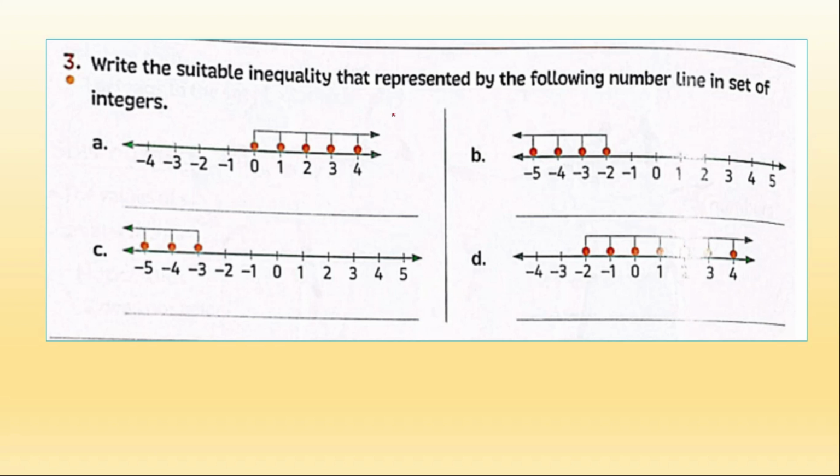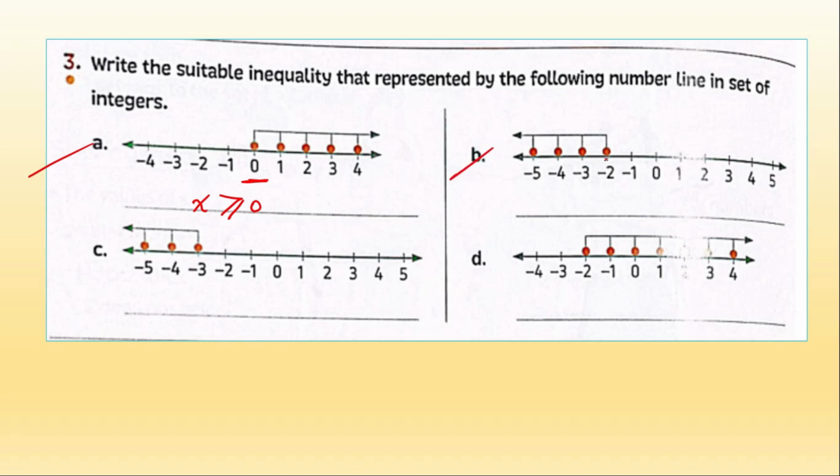Write the suitable inequality that is represented by the following number line in set of integers. Okay, here we have a number line and a representation of values of x. Okay, the first one, we have a number line starting with 0, right? So x may be greater than or equal to 0. Got it? Next one, b.